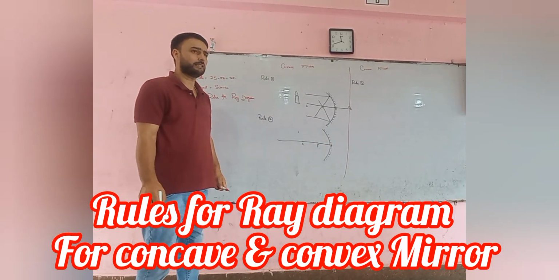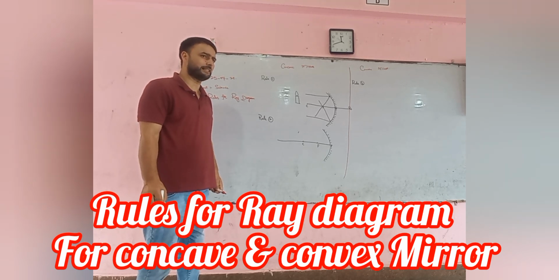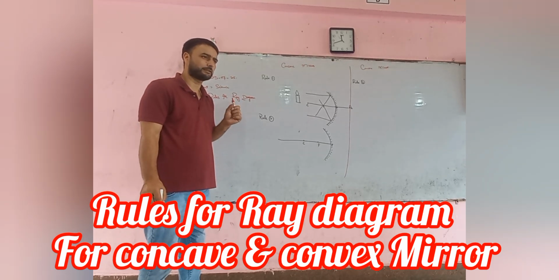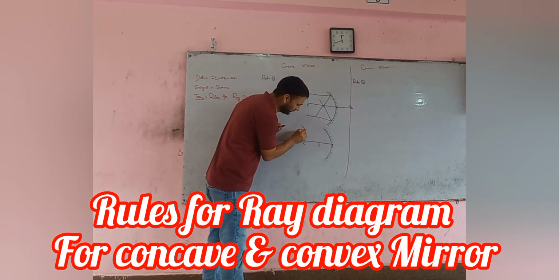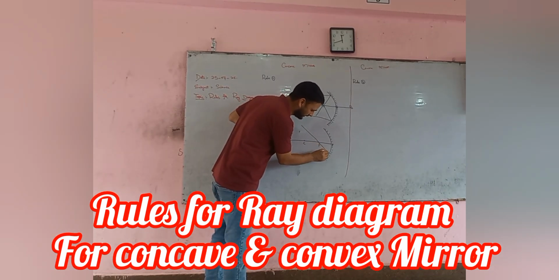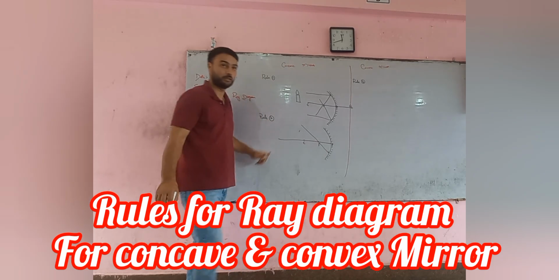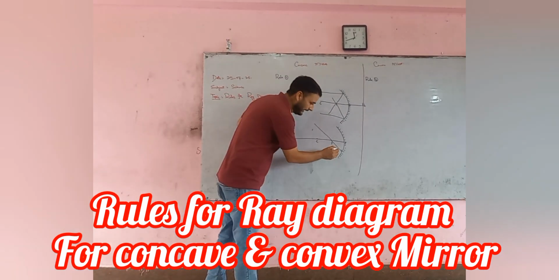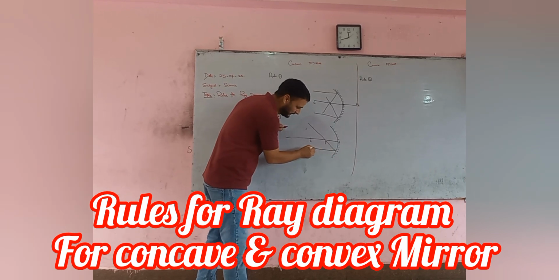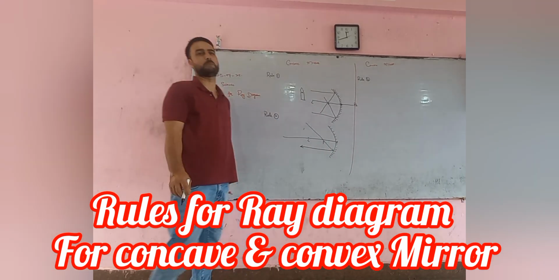Second rule: if the incident ray is not parallel to the principal axis, but is directed towards the principal focus, what will be the direction of the reflected ray? The reflected ray will be parallel to the principal axis. This is rule number two.